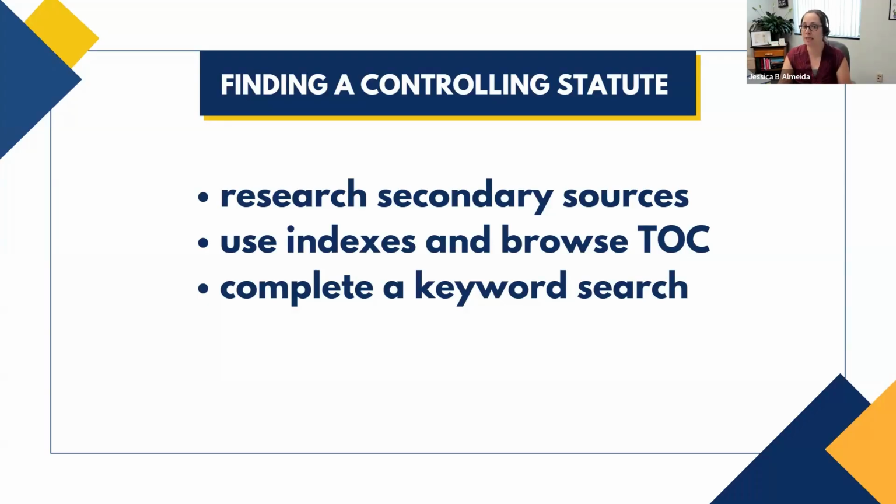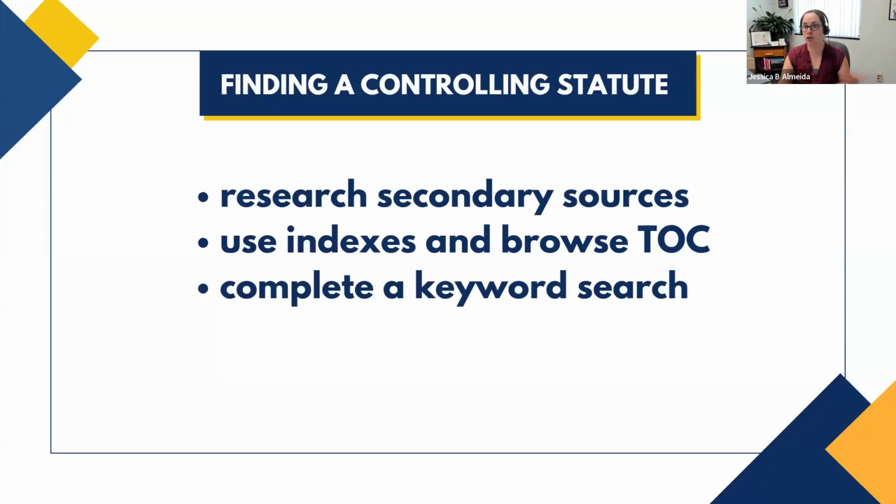You can also use an index or browse the table of contents of the statutory schema. I love a good index. This is usually what I try when I'm struggling to find a secondary source. But indexes can be wonderful finding tools.